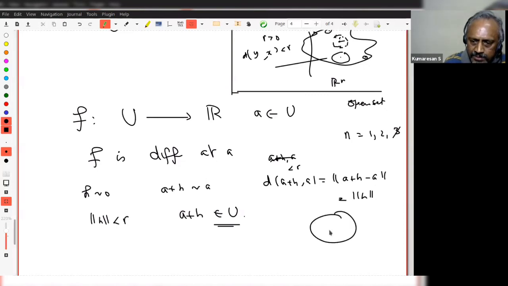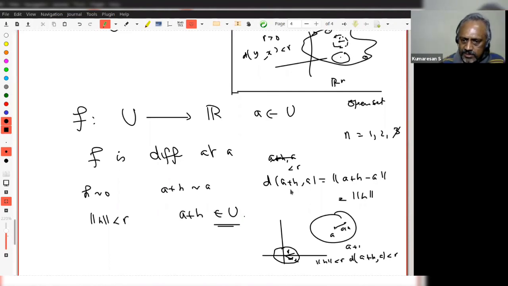So again, look at the picture. This is my a, and this is my vector h, which is very small, in Rn. Then a plus h will be this. If the norm of h is less than r, then the distance between a plus h and a is less than r.